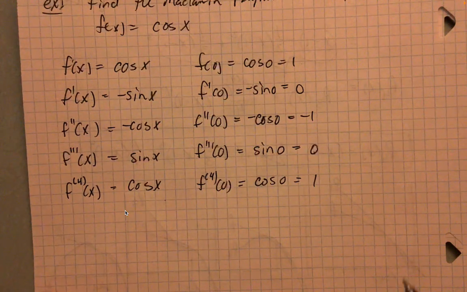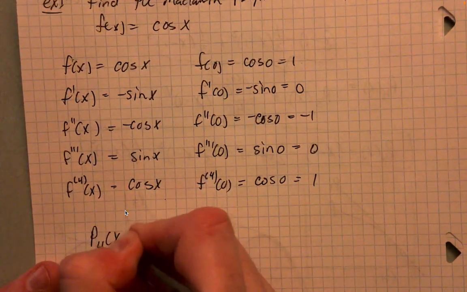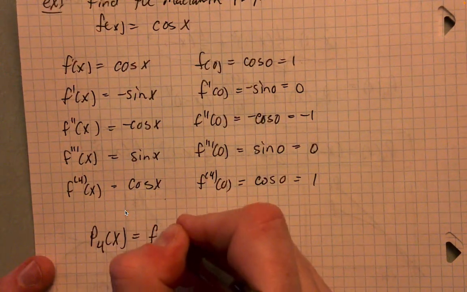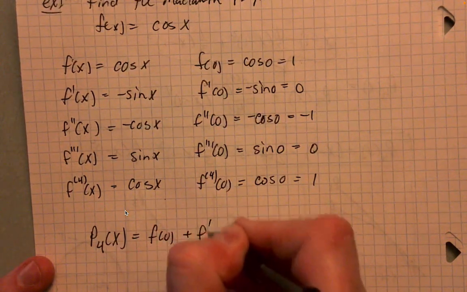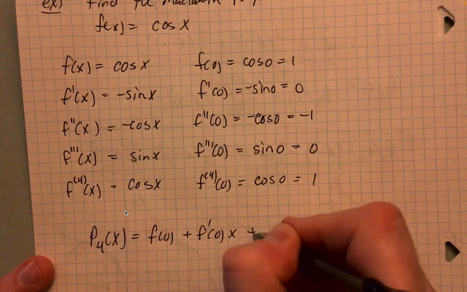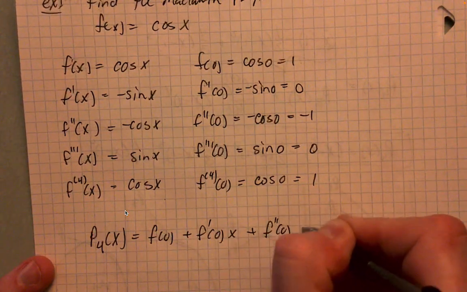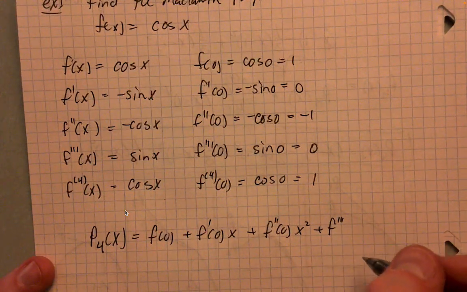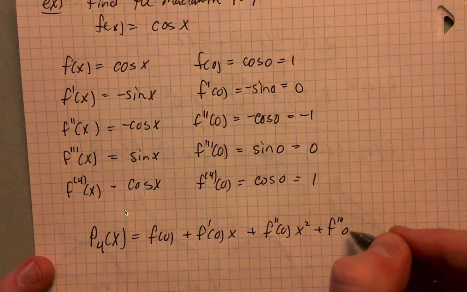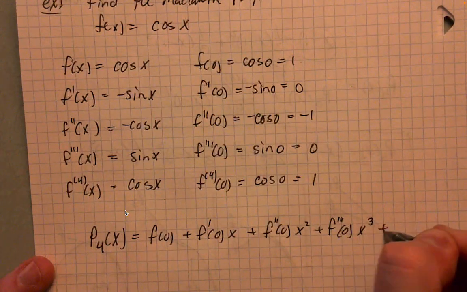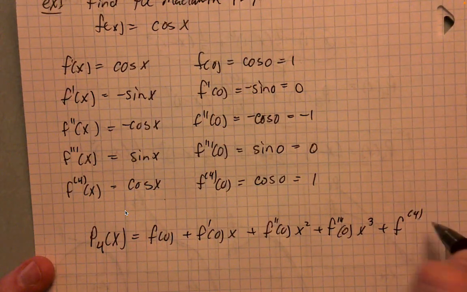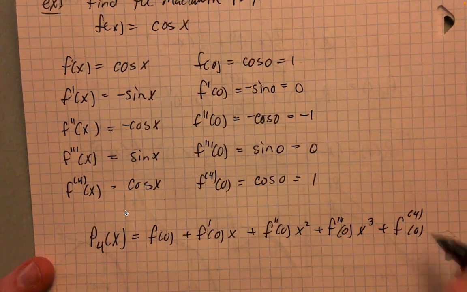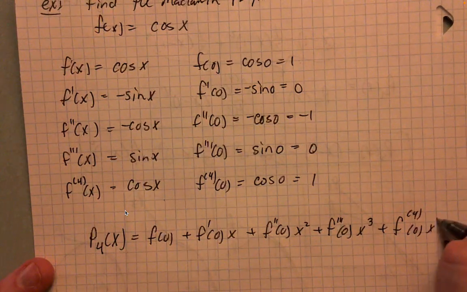And so P4 of x, remember, is going to be f of 0 plus f prime of 0 times x plus f double prime of 0 times x squared plus f triple prime of 0 times x cubed plus the fourth derivative of f evaluated at 0 times x to the fourth.